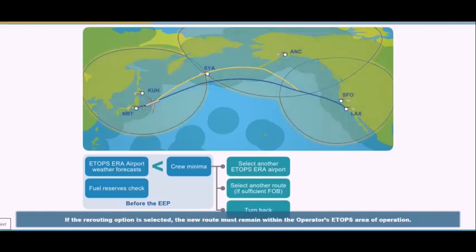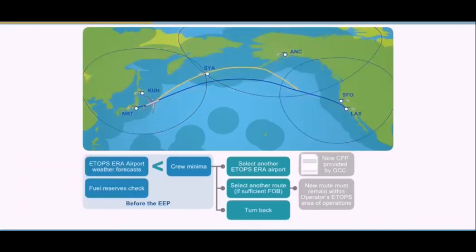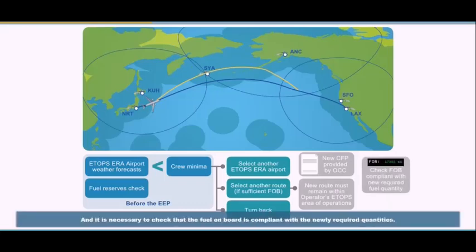If the rerouting option is selected, the new route must remain within the operator's ETOPS area of operation. Also, a new CFP must be provided by the OCC, with updated fuel computations. And it is necessary to check that the fuel on board is compliant with the newly required quantities.